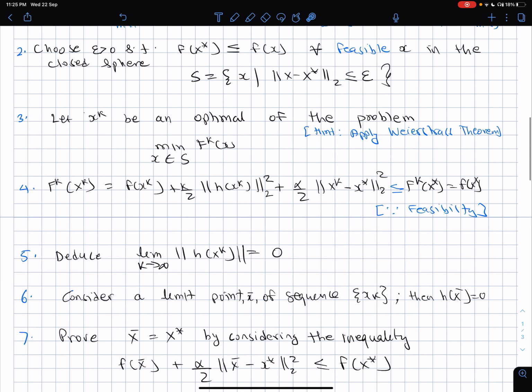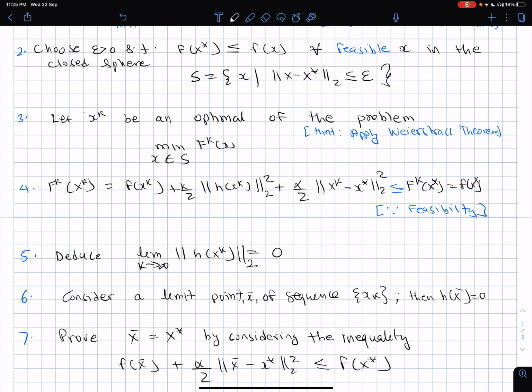Now this fact I am going to use to deduce that in the limit k tending to infinity, the h of xk vector will represent a feasible vector, that is, each of its terms will be 0, and that will follow automatically if this limit goes to 0.